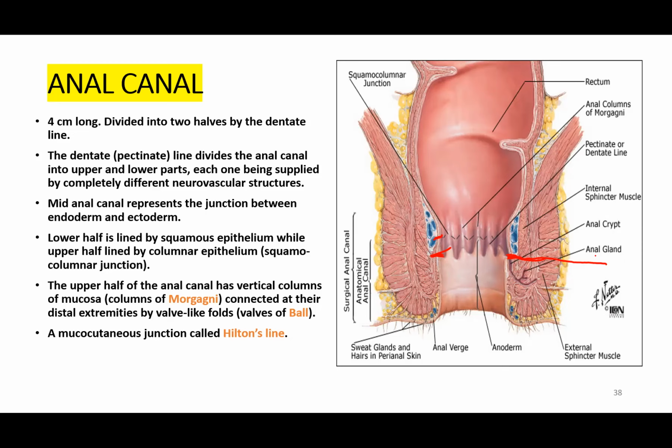The upper half is pinkish, while the lower half is darkish. The upper half of the anal canal has vertical columns of mucosa, columns of Morgagni, connected at the distal extremities by valve-like folds, valves of Ball. Let's see what this is talking about.